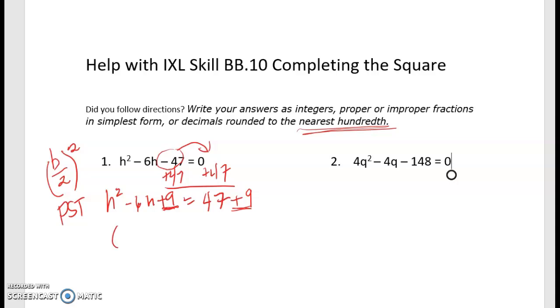When you factor a perfect square trinomial, it's the square root of the first term, the square root of the last term, and the sign between comes from the middle term. So this would be h minus, oh, I'm sorry, I just realized I didn't take the square root of the last term, so let me fix that.